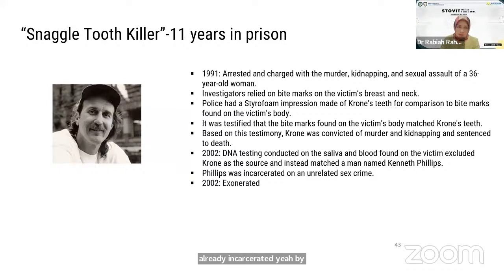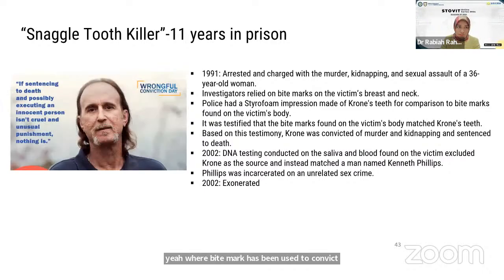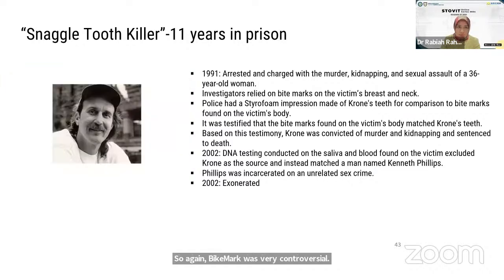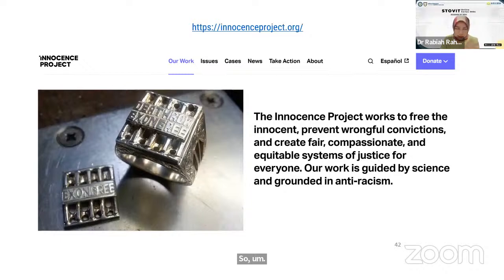So he was exonerated. This was one of many cases where bite mark has been used to convict. So again, bite mark was very controversial. You can go to this website to read about those wrongful convictions.